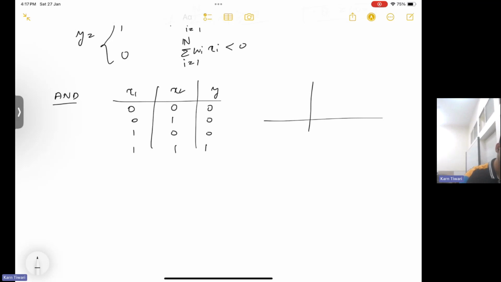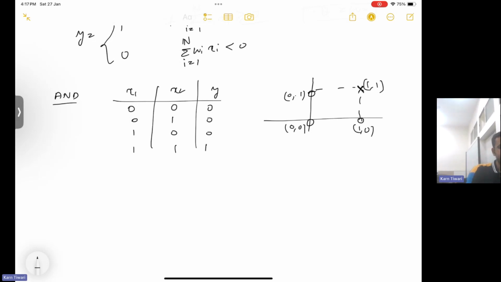So if I represent 1 by a cross mark, here it's 1 comma 0, here it's 0 comma 1, 0 comma 0, and 1 comma 1. It's active only for this one, and false for all the others.